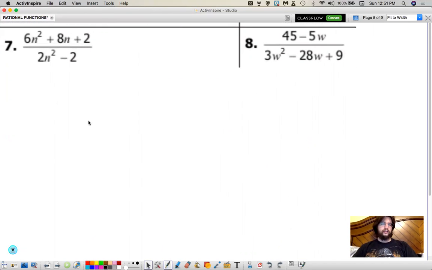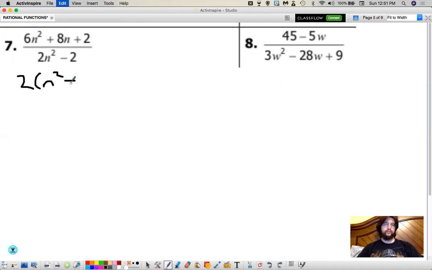All right, next on the list, we've got a trinomial on the top, binomial on the bottom. Let's try some factoring. GCF first. Oops, my bad.